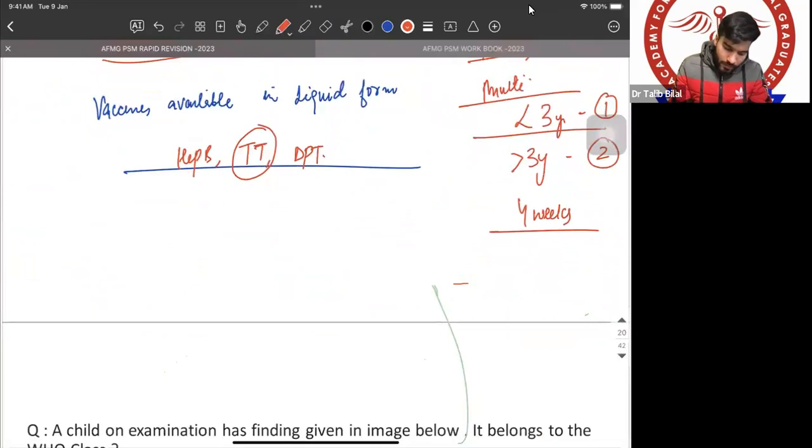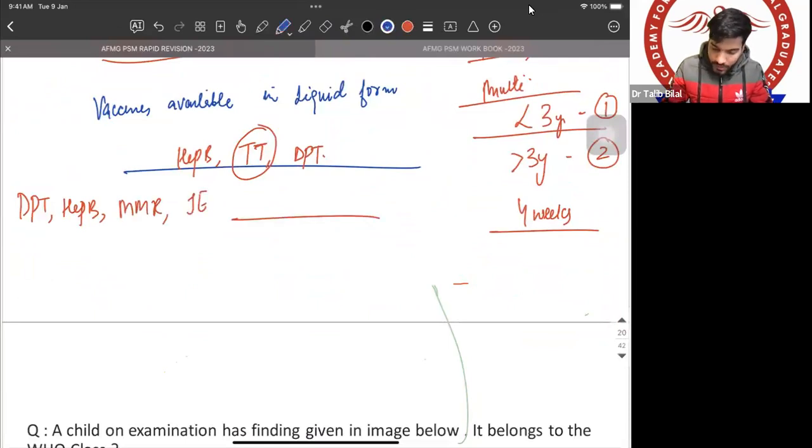Now, if I talk about DPT, Hep B, measles, MMR, or Japanese encephalitis, you give 0.5 ml. OPV is 2 drops, around 0.1 ml.